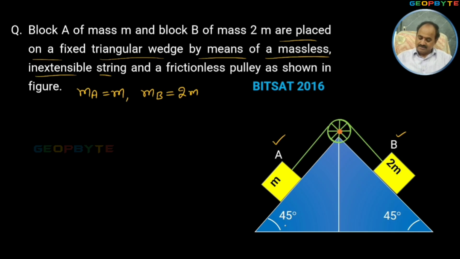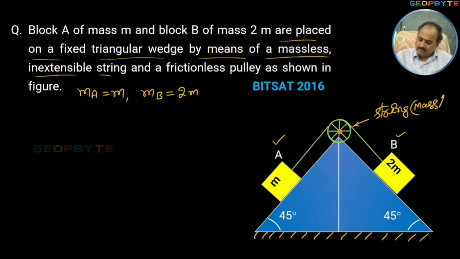Look at the fixed triangular wedge. The wedge cannot be moving. And look at the string. It is clearly given, it is massless. Massless and inextensible means rigid. And a frictionless pulley, this is the frictionless pulley.